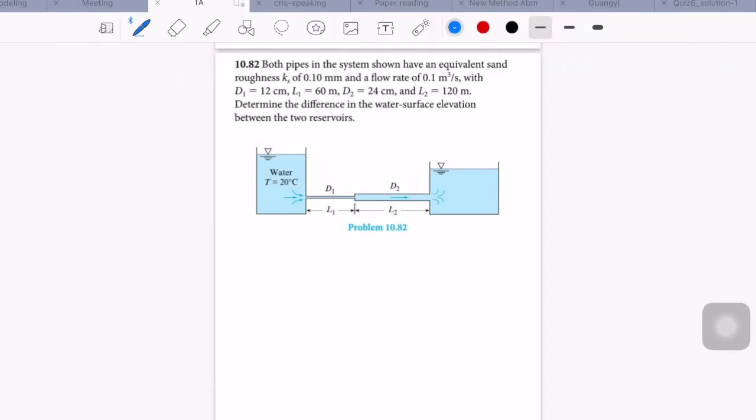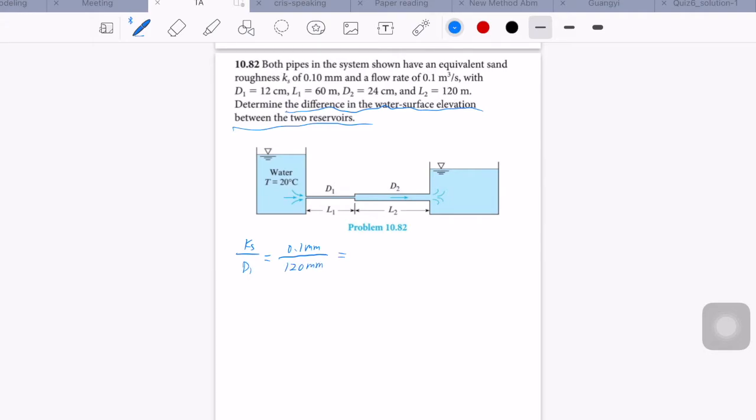For this problem, we need to find the difference in water surface elevation between the two reservoirs. First, we calculate the relative roughness for each pipe. So the Ks divided by the D1 should be equal to 0.1 millimeter divided by 120 millimeter.